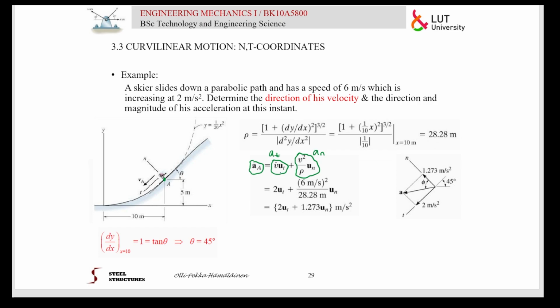Now, this representation here is bolded, meaning that UT and U sub n are bolded to indicate that this magnitude is associated with the tangential direction, and this magnitude is associated with the normal direction. Let's remember that acceleration is a vector that has two components, one in the tangential direction and the other in the normal direction.